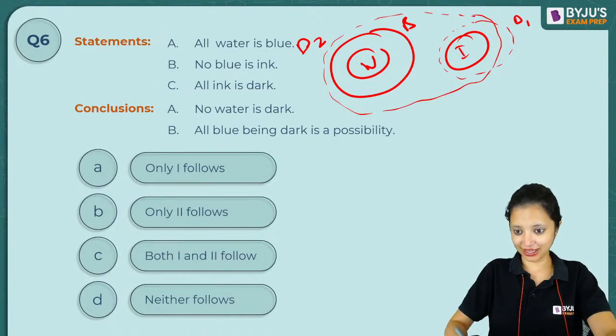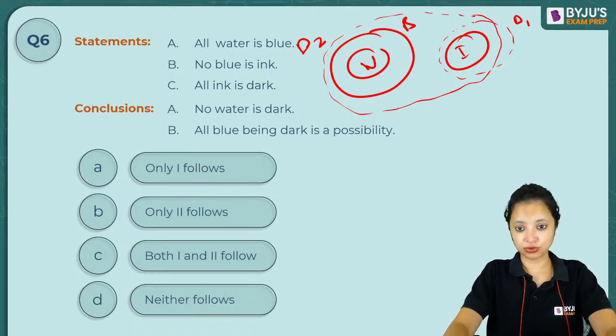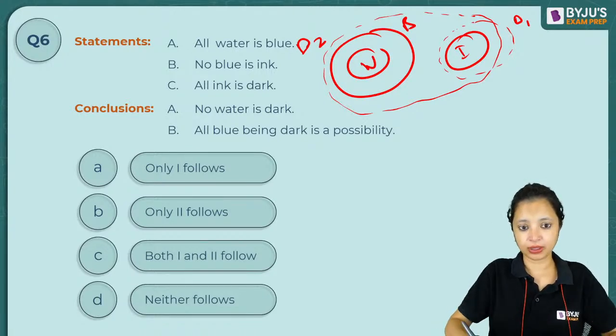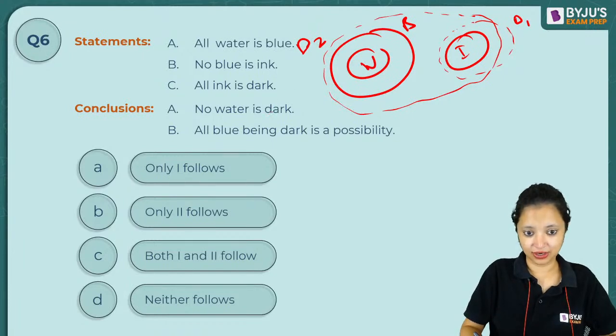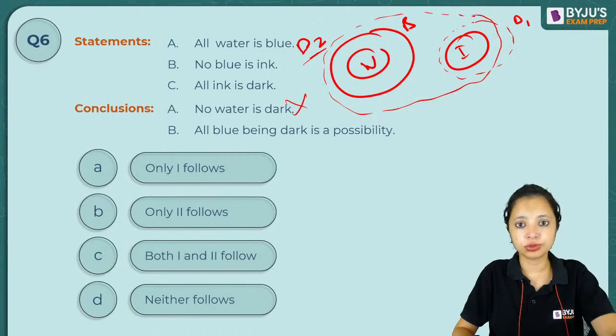What did you mark? A and B, and Pooja now says A. All right. Okay. So let's see. No water is dark. No water is dark is wrong in D2. Wrong conclusion.